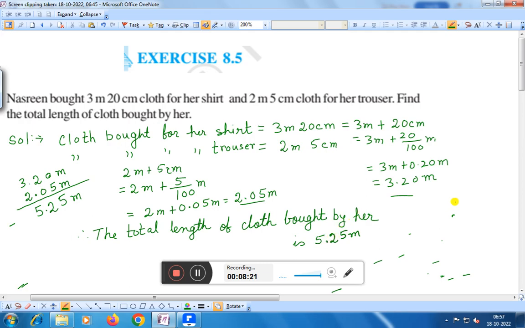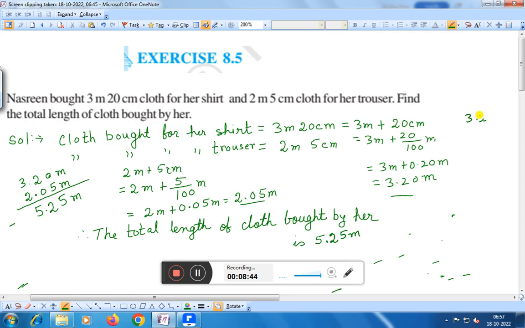In this way you can change, or you can directly write in this form also. The 3 meter and 20 centimeter. We know that 1 meter is equal to 100 centimeter. That means 3 meter 20 centimeter can be changed into 3.20 meter.